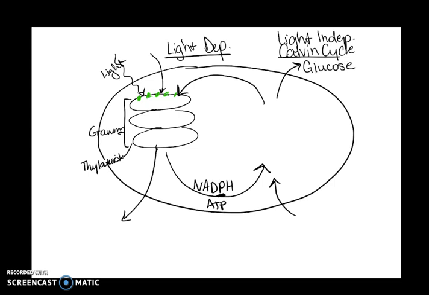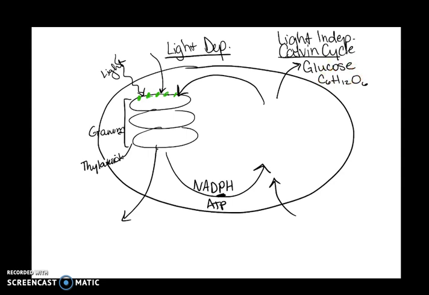Give me the chemical formula. So, recap of what's going on with energy. Energy from light is getting converted into chemical energy, which is getting converted into a longer-term storage energy.